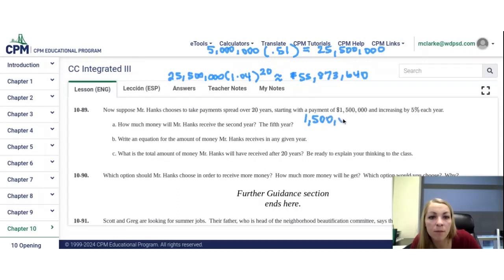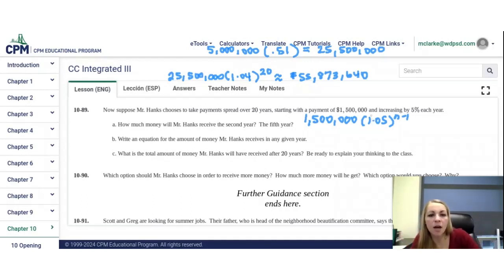Here's our first term. To get our second term, we multiply it by that once. To get the next term, we'll do it twice, right? So we're using this equation to get there. Again, this is the equation that we'll use to generate the money in a given year, but we want to sum it all up.